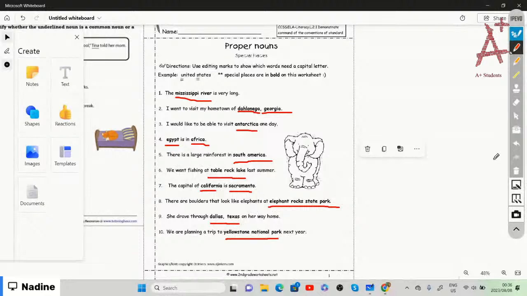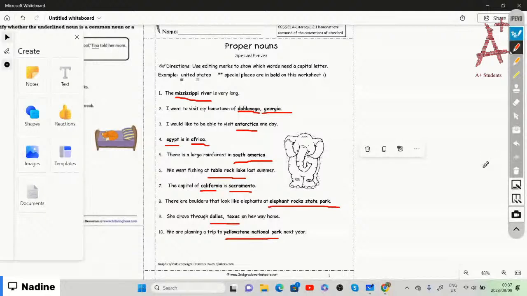For proper nouns, all words of the proper nouns need to be capitalized because they are specifically making mention of a person, a place, a thing, or an idea, right? And those are proper nouns, right?